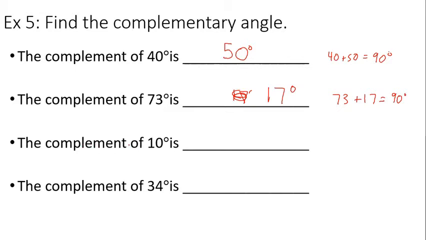The complement of 10 degrees is 80 degrees, because 10 plus 80 equals 90 degrees. And the last one, the complement of 34 degrees is 56 degrees, because 34 plus 56 equals 90 degrees.